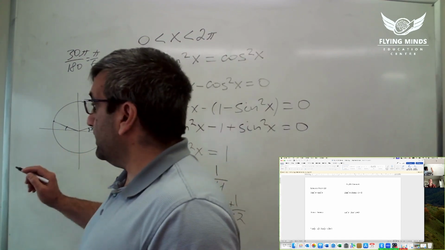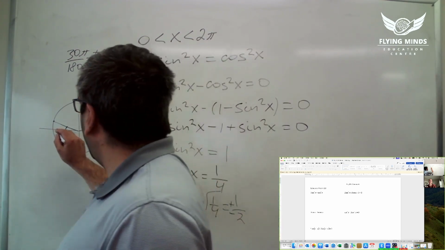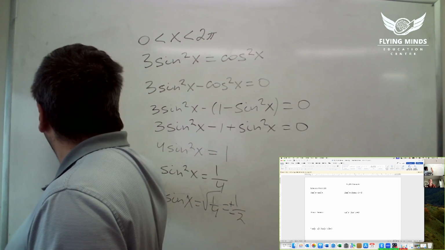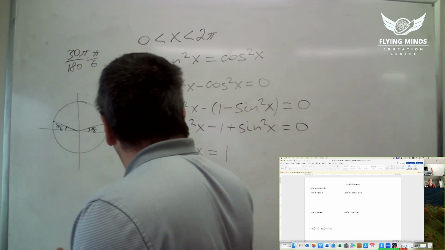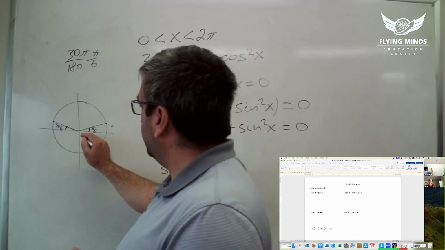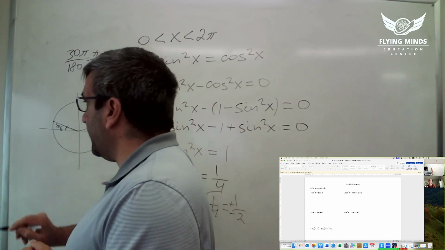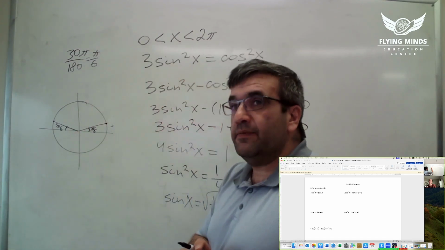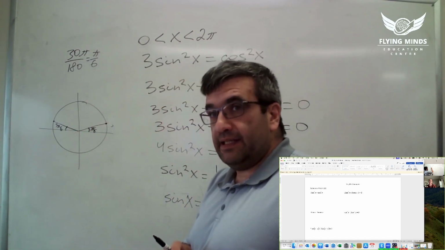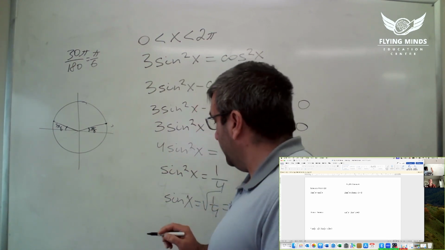5 pi over 6. That's right. And then third quadrant, reference angle of 30 degrees, it will be 7 pi over 6.